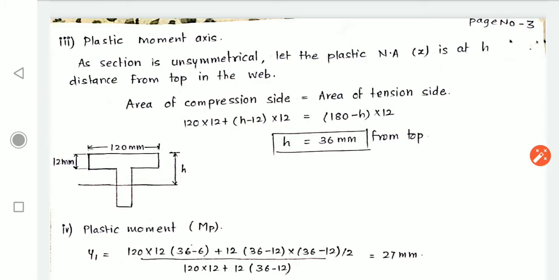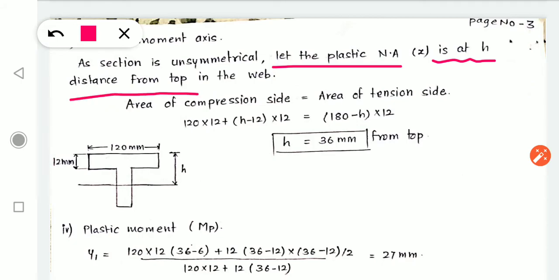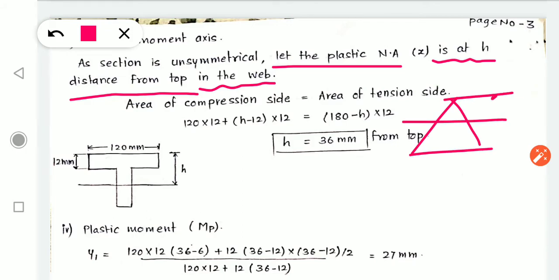As the section is unsymmetrical, let the plastic neutral axis NA be at a distance h from the top, in the web. As we did in the triangular shape, where we assumed the plastic neutral axis is acting at a distance of h1 from the apex, exactly in a similar way we are assuming that the plastic neutral axis is lying at a distance of h from the top.